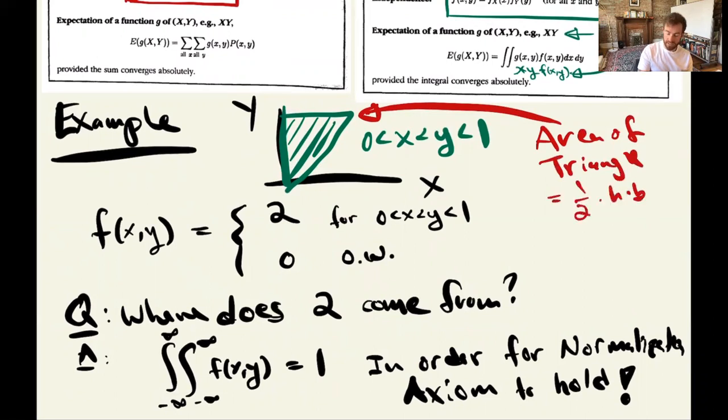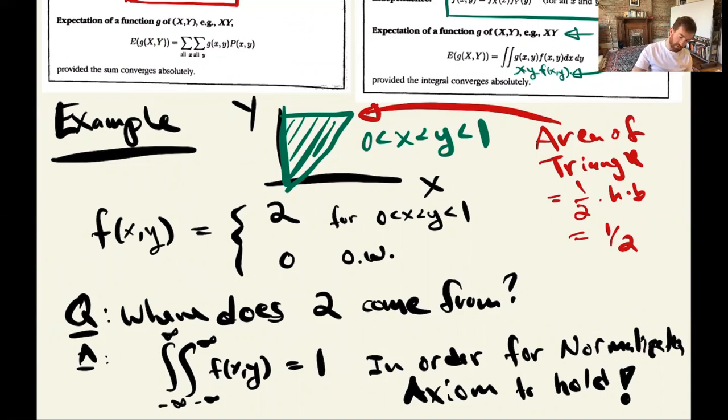Well, height times base in this case is 1, so this ends up being 1/2. Now, if I integrate the constant function 1 over a region that has area 1/2, then I'm only going to get 1/2. I need it to equal 1. So that means I need to integrate the function 2 over a region that has area 1/2 in order to get the total value of the integral to be 1.